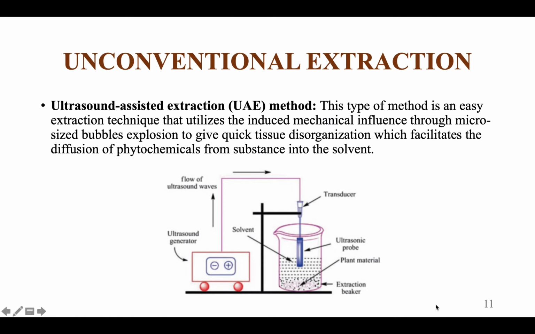The ultrasound assisted extraction method is an easy extraction technique that utilizes induced mechanical influence through microscopic pulse explosions to give quick tissue disorganization, which facilitates the diffusion of the phytochemicals from the substance into the solvent. We also have a picture describing how ultrasound assisted extraction works.